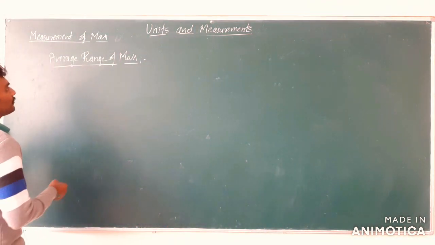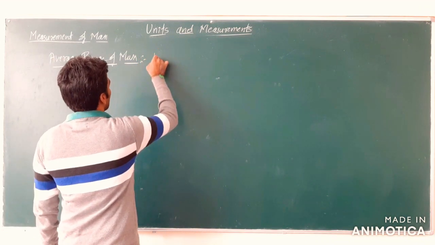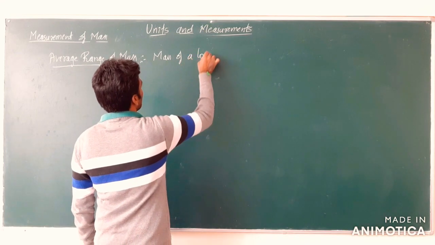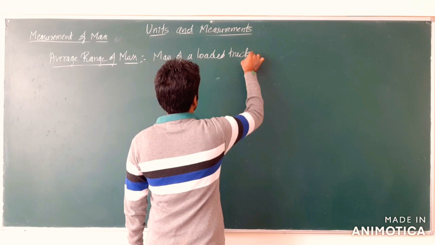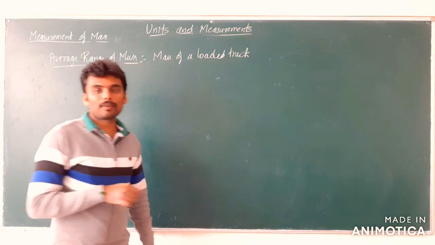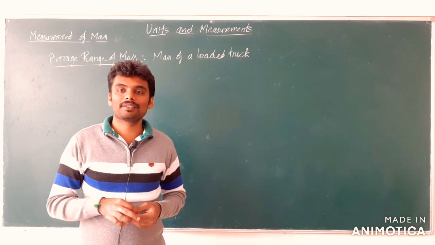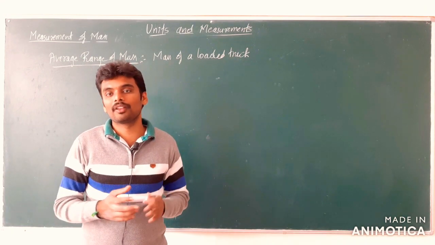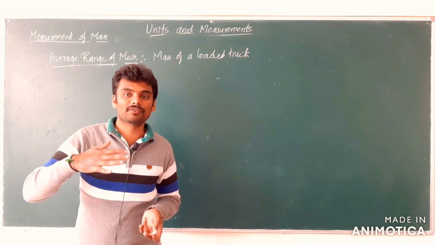So the average range of mass, an example of this range is mass of a loaded truck. Yes, this is also average mass. And how do we measure the mass of a loaded truck? Very simple, we have devices or setups like weighing bridges.